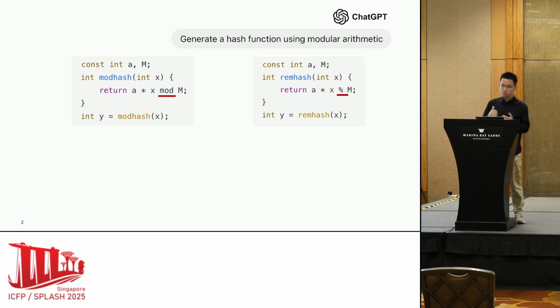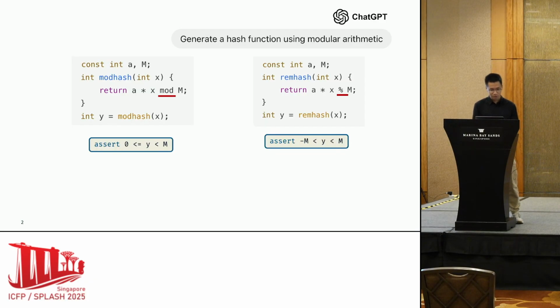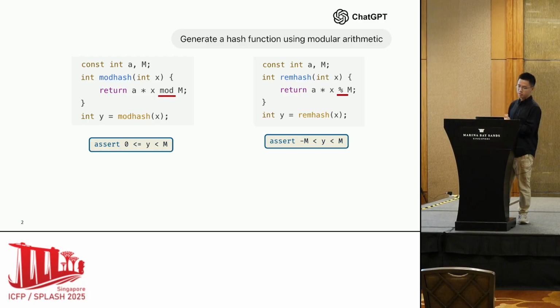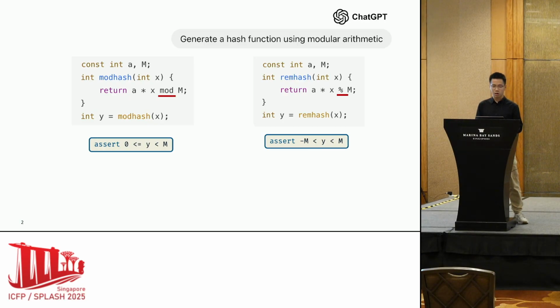As you may know, the remainder operator may produce negative output. So you are not sure which one is better, and you ask ChatGPT to generate some formal specification to understand the program. For example, the output of the mod hash function should always be within 0 to m, and the output of the rem hash function should always be within minus m to m.